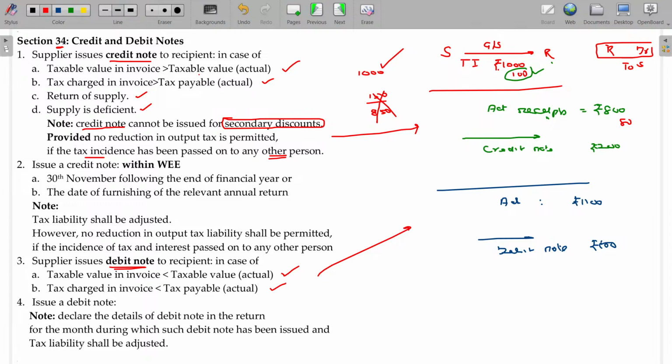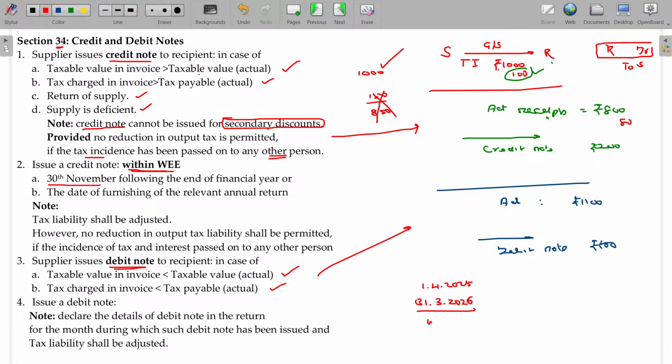And within which period can you issue the credit note or debit note? Very simple. You can remember this one. Whichever is earlier of 30th November following the end of the financial year. For example, the financial year beginning 1/4/2025 ends on 31st March 2026.